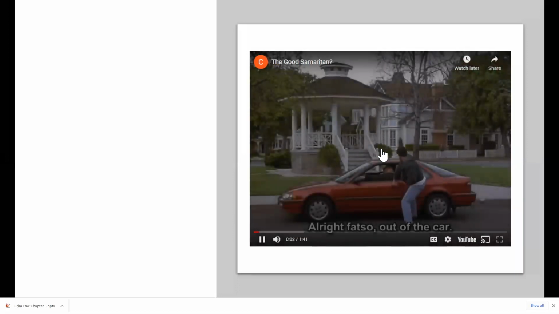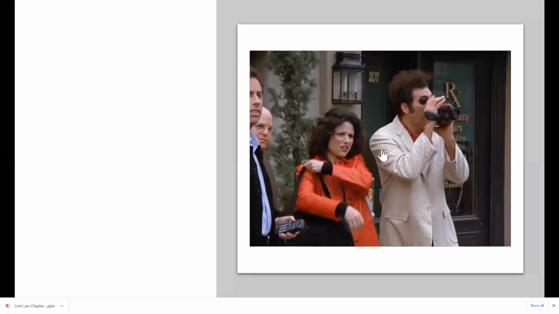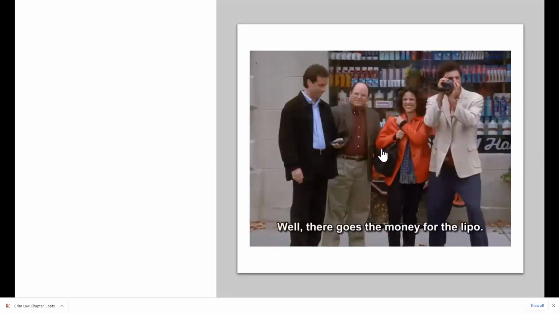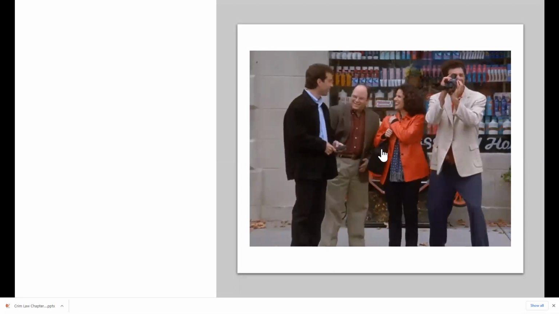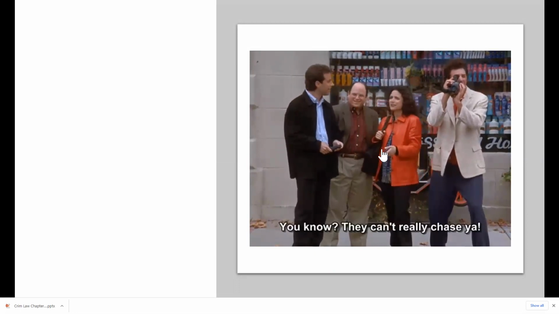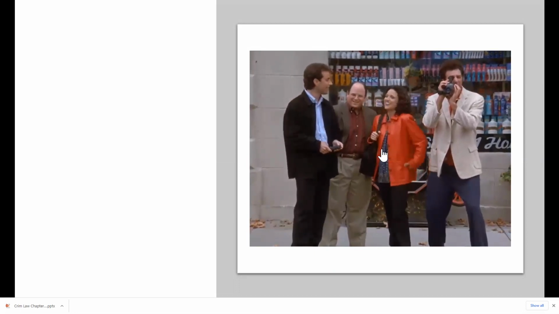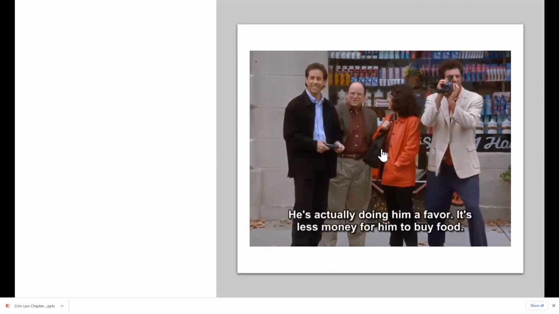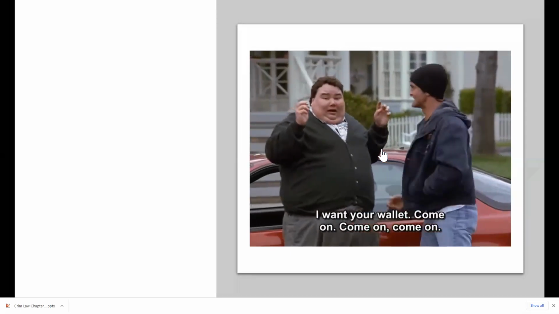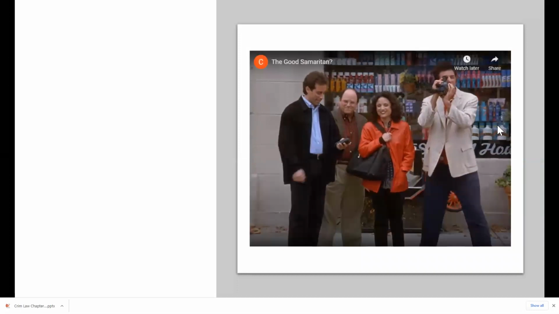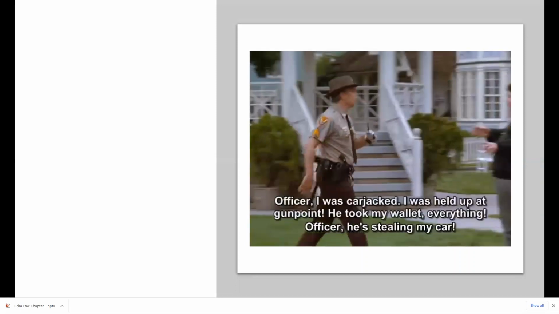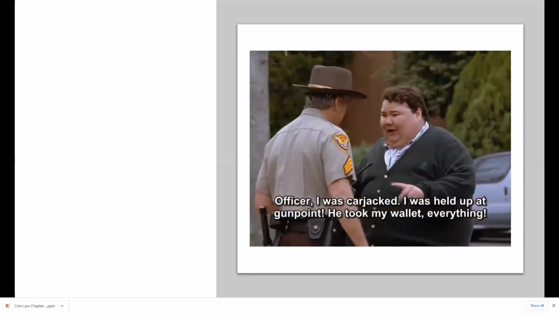Right, that's all out of time. I'm gonna capture this. Come on! You know what? Don't you? Well, there goes the money for the lipo. See, the great thing about robbing a fat guy is it's an easy getaway, you know? They can't really chase you. It's actually doing them a favor. It's less money for them to buy food. Officer! He's stealing my car! Officer, I was carjacked! I was held up at gunpoint! He took my wallet, everything!